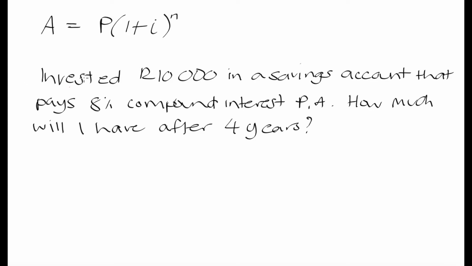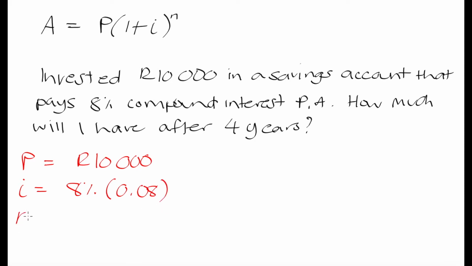So let's write down what we already know. We know that our principal is going to be 10,000 Rand. That is the initial amount that we invested. We know that our interest rate is going to be 8%. So 8% expressed as a decimal is going to be 0.08.